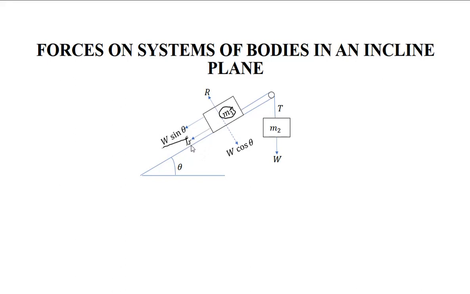Then we will have the frictional force, which can either act upward or downward, depending on the direction of motion of the system. In this case, the frictional force is acting downward, assuming that the system is moving up the inclined plane. We have the tension on the string that connects the body of mass M1 to M2. As usual, we have the normal reaction, which is W cos theta.